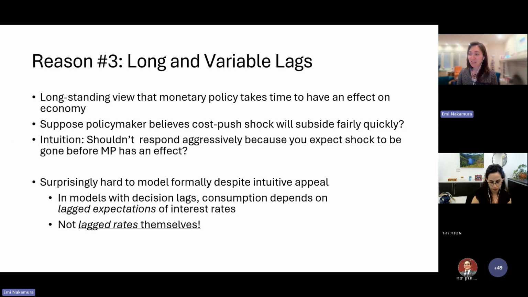So this is a very intuitive idea. You often hear it being discussed. It's actually surprisingly hard to model it formally. Monetary economists have a lot of models in which lagged expectations of interest rates affect the economy, but it's harder to develop a model in which it's actually lagged interest rates themselves that affect the economy.